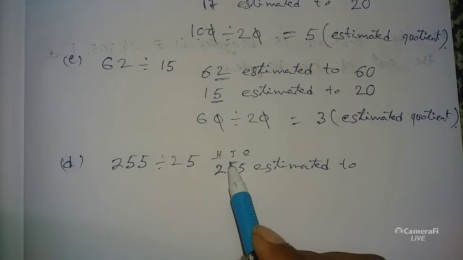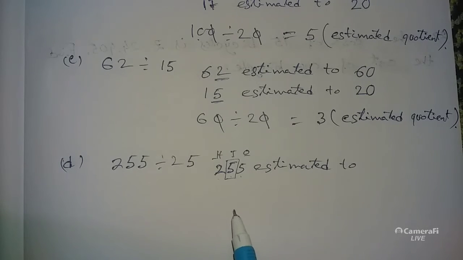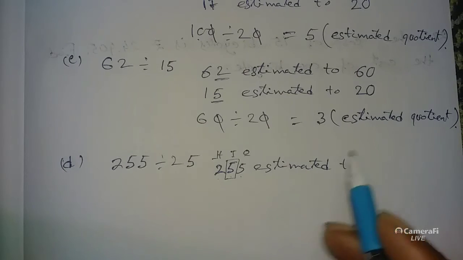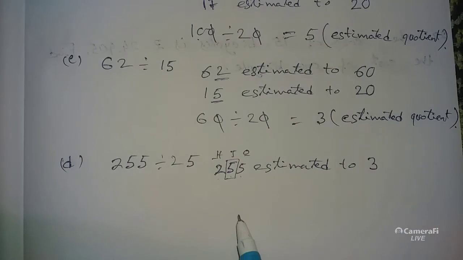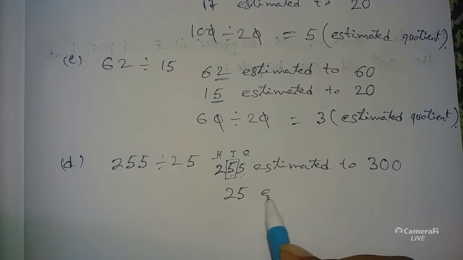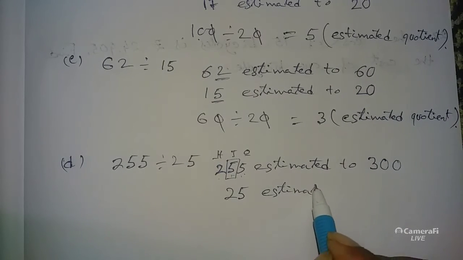So we have to check the 10 place digit, the next digit. Here it is 2, the next digit is 5, exactly 5. So the 100 place digit will increase by 1, it becomes 3, other 2 digits 0, 0. So 255 becomes 300. Now 25 has only 2 places.